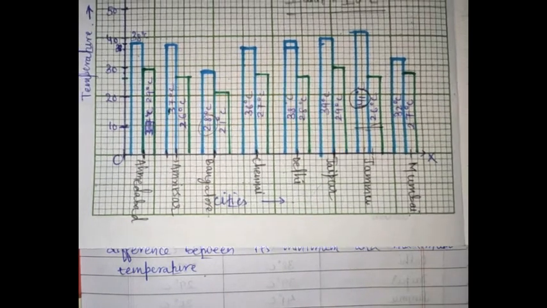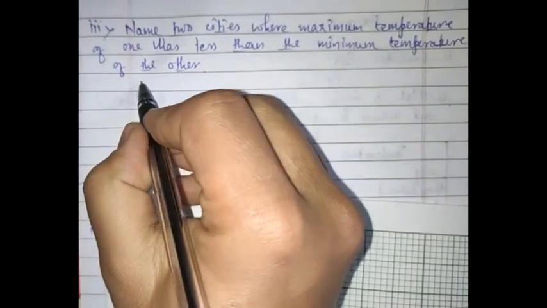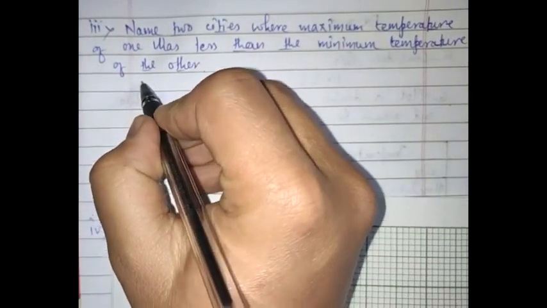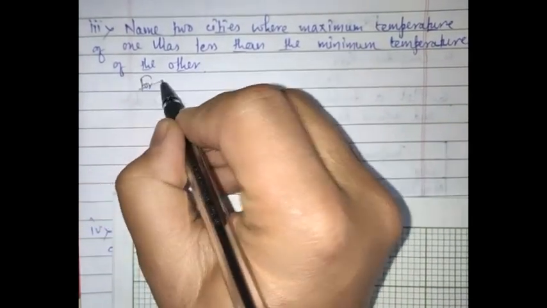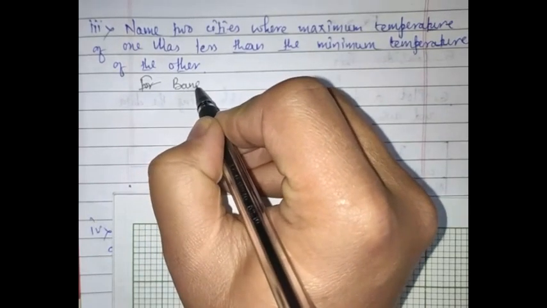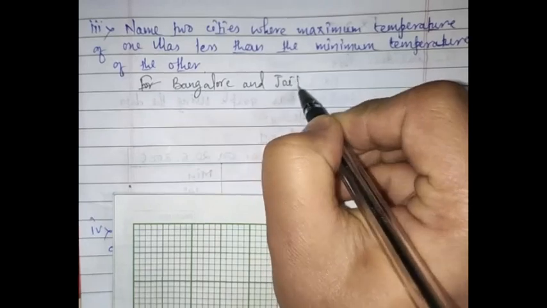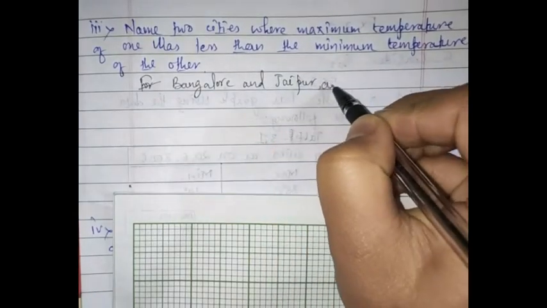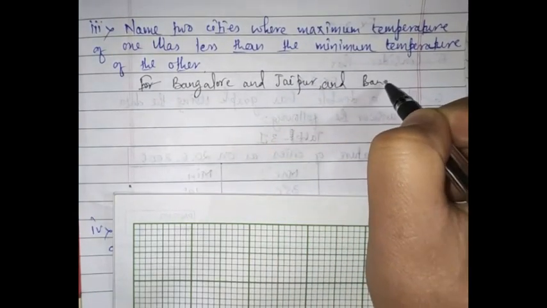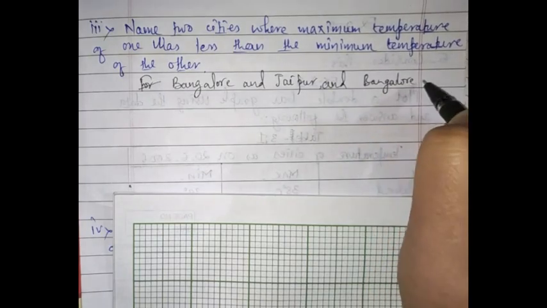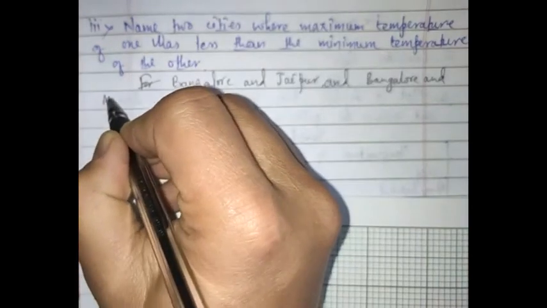Okay, to write this, we will write: the 2 cities are Bangalore and Jaipur, and Bangalore and Ahmedabad.